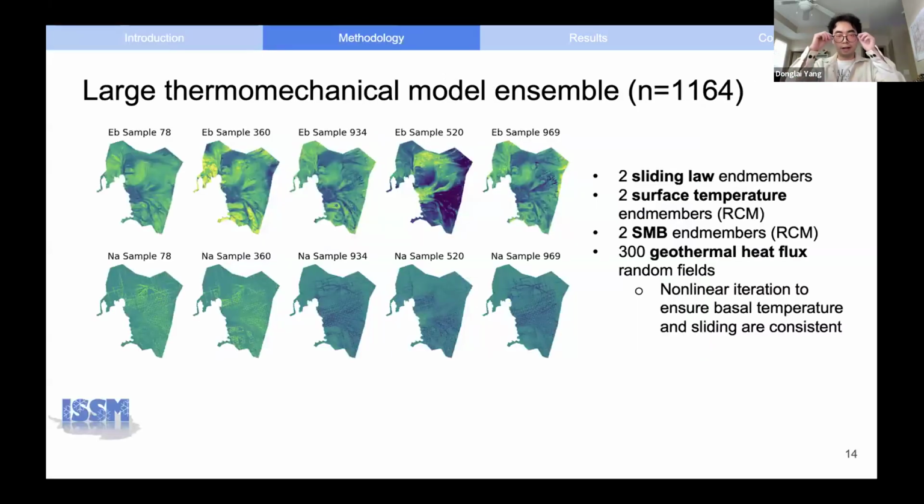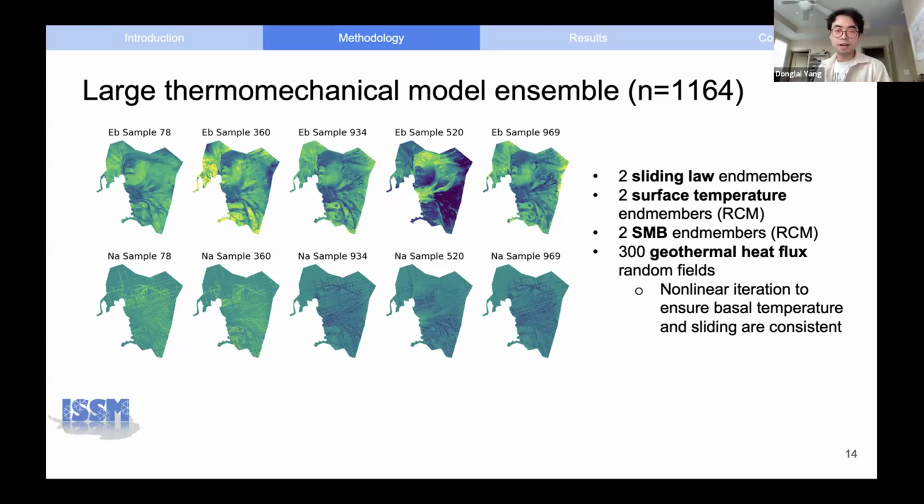So as a start, I use a numerical ice sheet model called ISSM to create a large thermomechanical model ensemble of over 1,100 models. These 1,100 models thoroughly perturb and explore all possible combinations of basal temperature and depth average temperature.